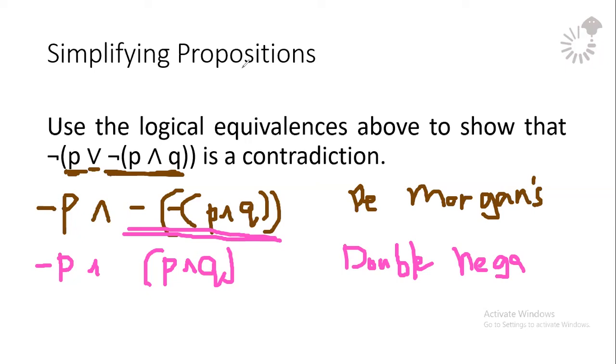Next. Ito na yung statement natin. Negative P and negative (P and Q). Tapos nakagroup yung P and Q. Kapag may groupings na ganyan, ano yung mga laws na pwede natin matouch kapag may groupings?